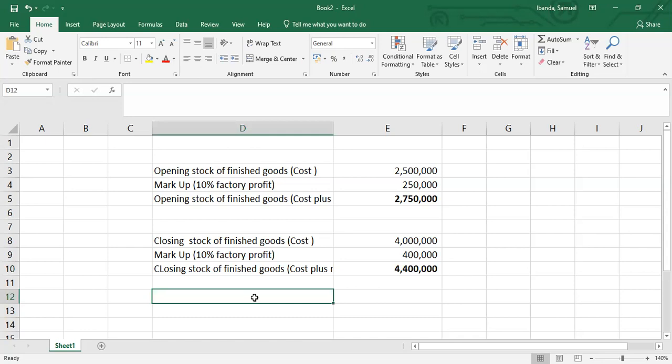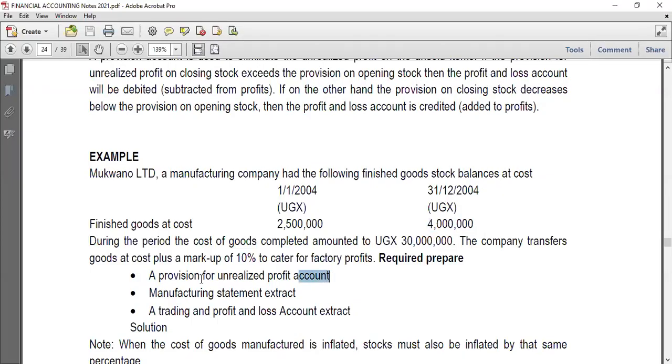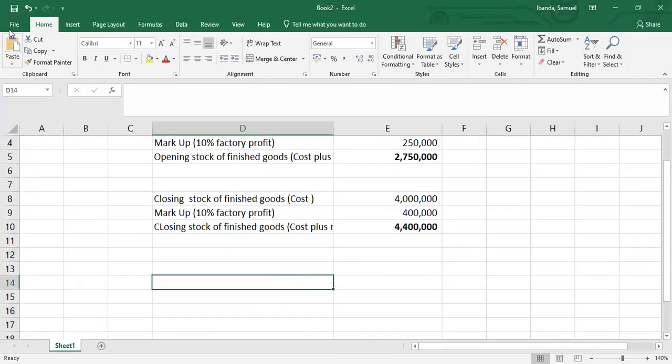Once we have that, they want us to draw up a provision for unrealized profits account, okay? So let's come here and say, this is Mukwano Limited.